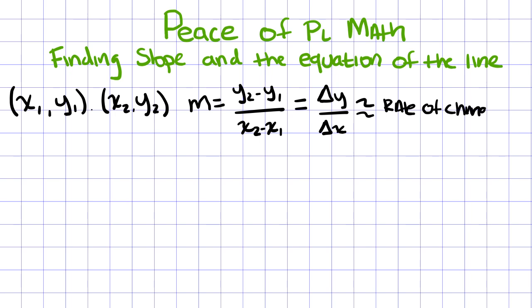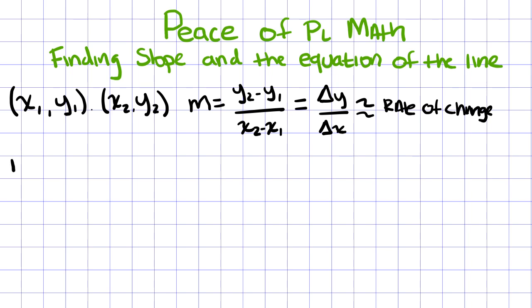Like I said, this is a huge concept in calculus. So we'll be using pairs of points to find the slope between them, and later on we'll use the point slope formula to find the equation of those lines. Let's go ahead and get started.